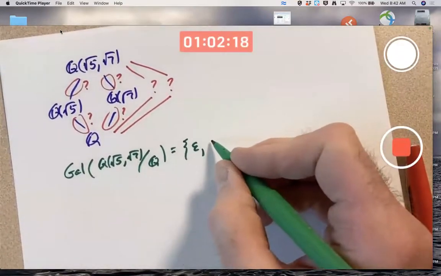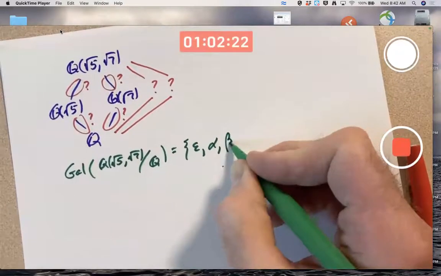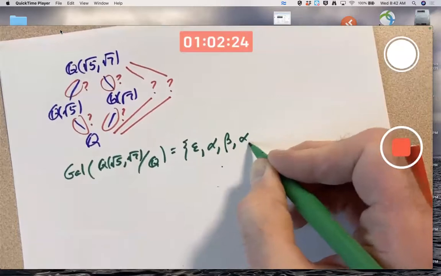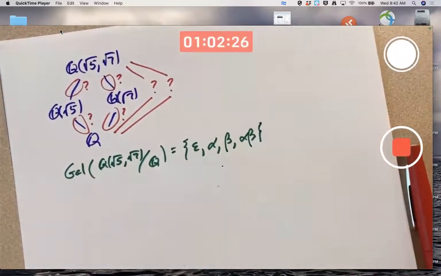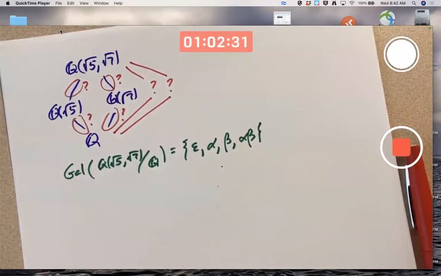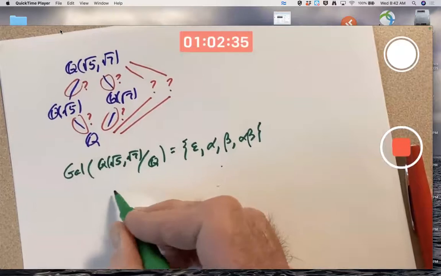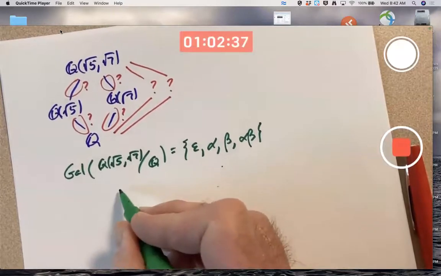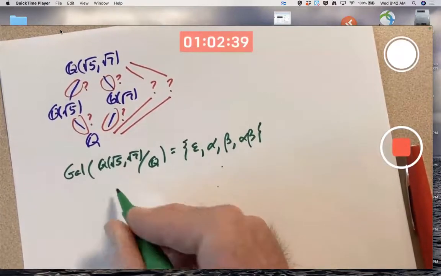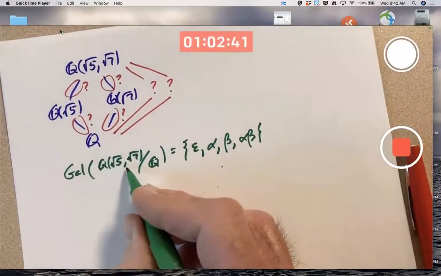It's got 3 other mappings. Call them alpha, beta, and alpha compose beta. Where, as usual, epsilon of x equals x for all x in Q adjoin root 5 and root 7.